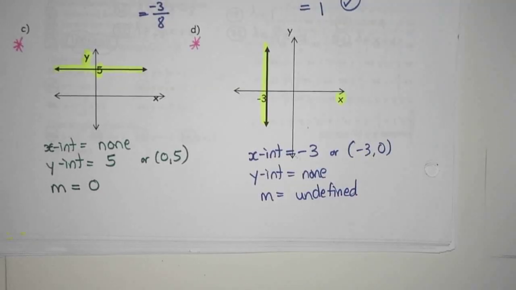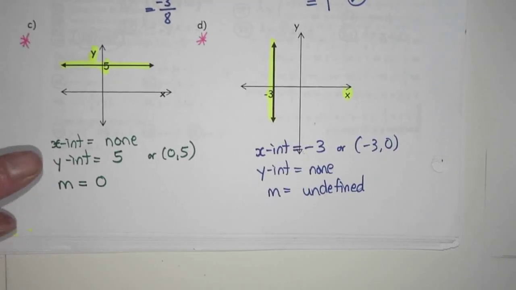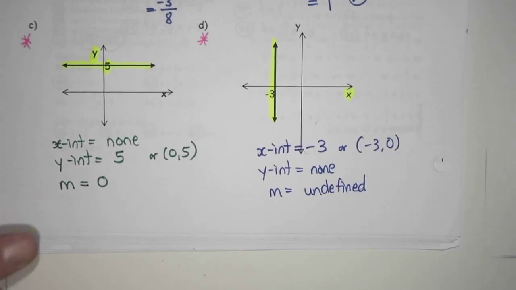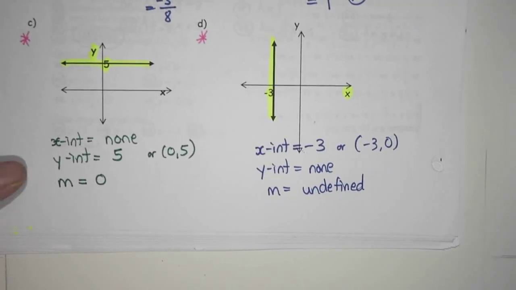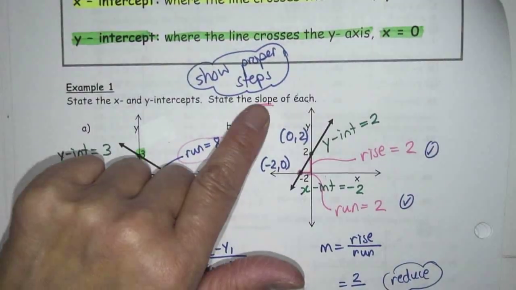That's like saying if I said, what's your first name? And you said my first name is Margaret and my last name is Zen and I like puppies. You go, but wait, I didn't ask you that. I asked you these things. So answer only the question asked. So giving extra doesn't make it right. It makes it strange, and also you lose marks. So in this one, I only asked you x-intercept, y-intercept, and slope.